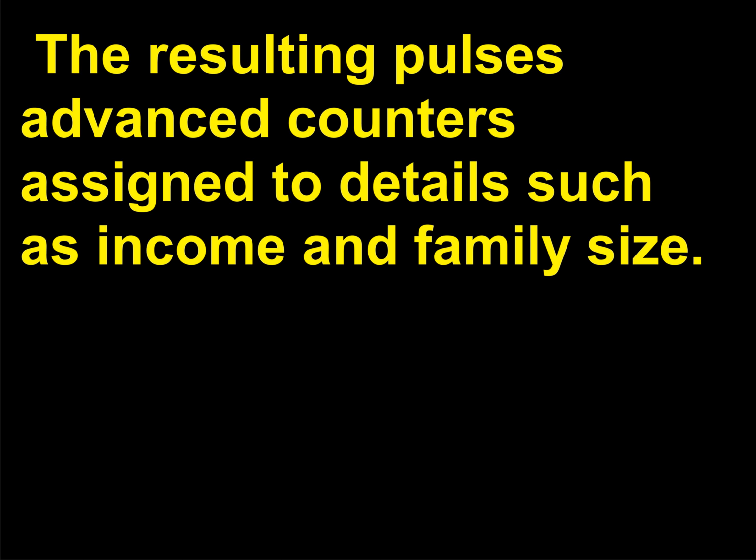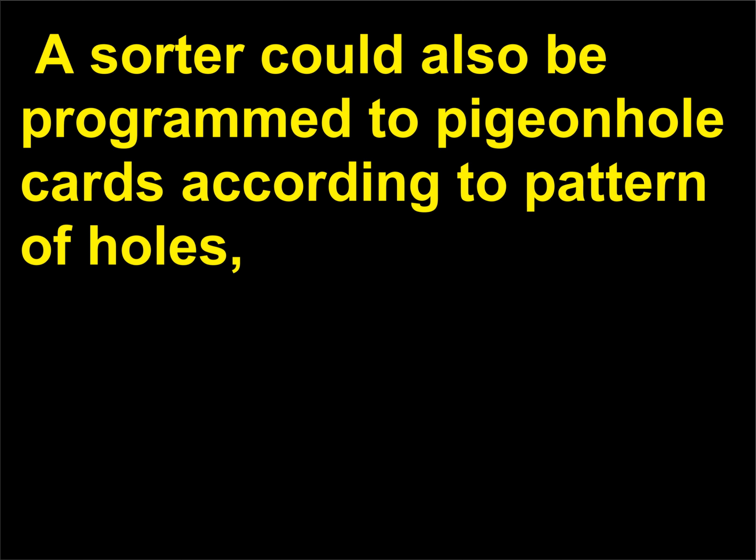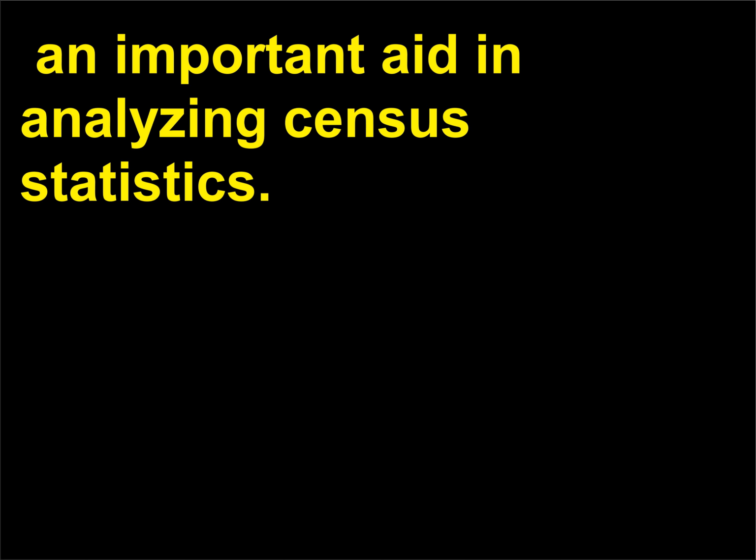The resulting pulses advanced counters assigned to details such as income and family size. A sorter could also be programmed to pigeonhole cards according to pattern of holes, an important aid in analyzing census statistics.